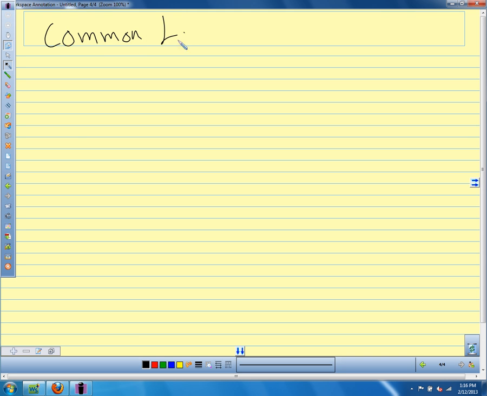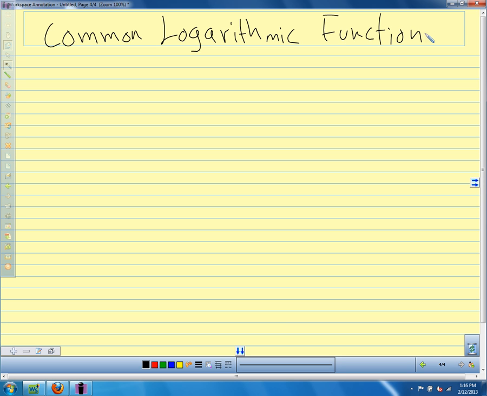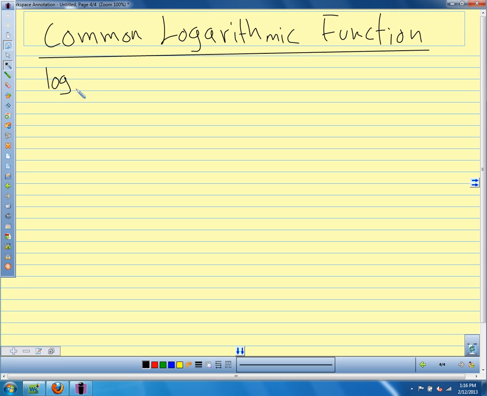So we're going to talk about the common logarithmic function. A couple of bases for logarithmic functions and for exponential functions show up so frequently that we come up with special symbols for them. One of them is log base 10. Log base 10 is what we call the common logarithmic function.